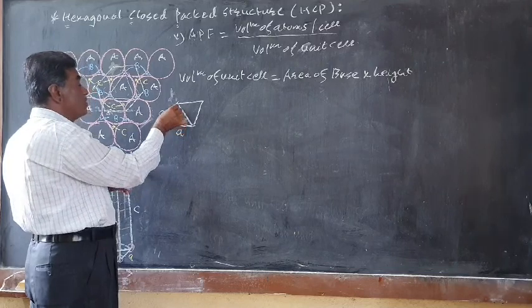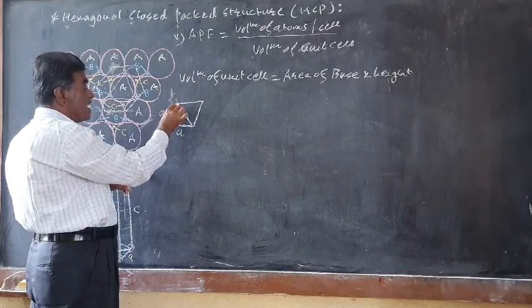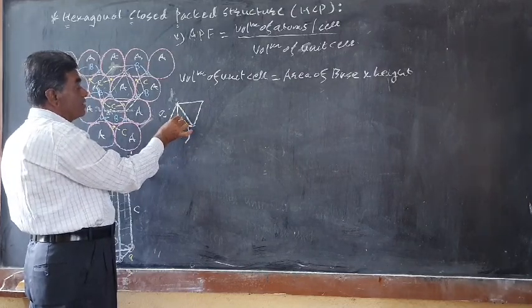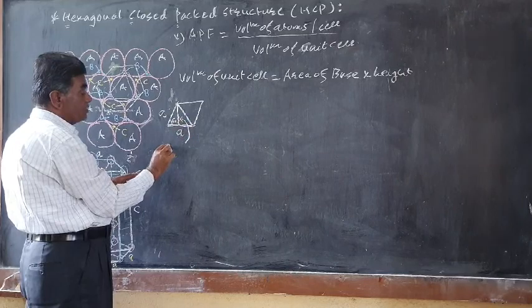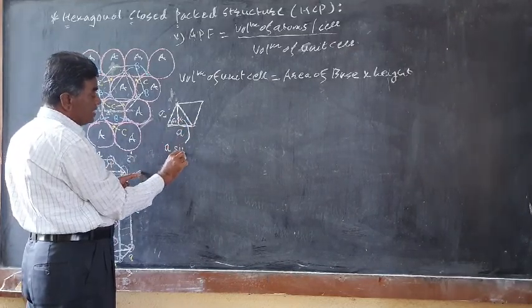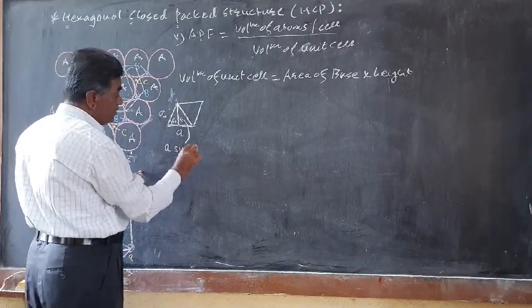So draw the perpendicular from this into this. We are getting the height of the triangle, and this height is A sine of 60 degrees.